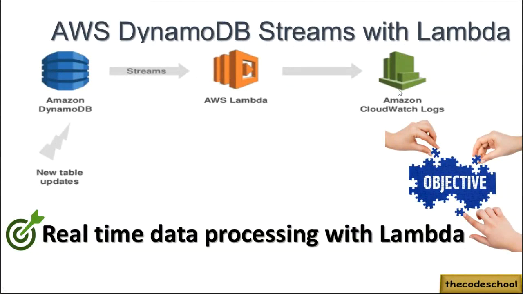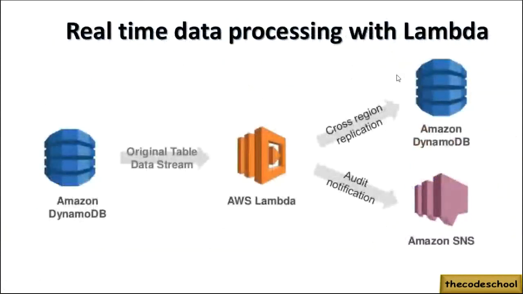But instead of CloudWatch logs, it can be Kinesis, or it can be another DynamoDB in a cross region. For example, this is the second architecture diagram, which can tell you about the different use cases that are possible. DynamoDB has a data stream which has an event connected to Lambda functions.